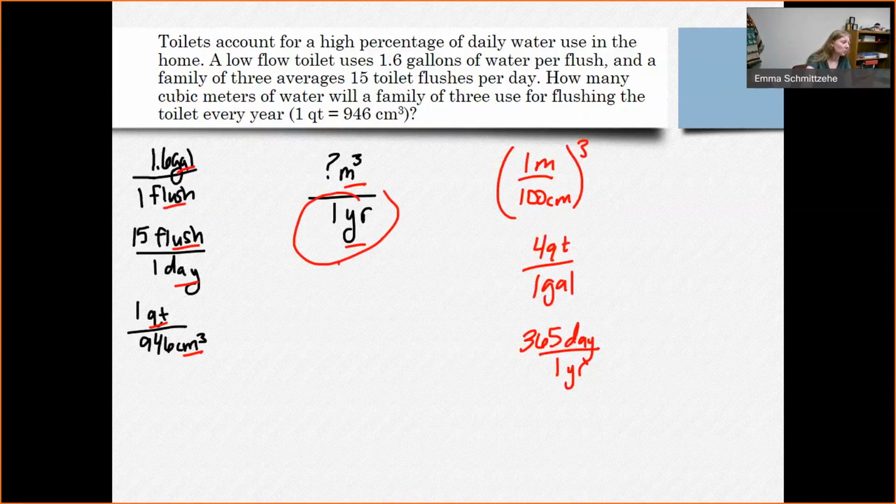Otherwise, I'm looking for meters cubed, so I want that on the top, so I would take this ratio and flip it and start with that. One way or another, I would start with 1 year. So in 1 year, what can I convert a year to?